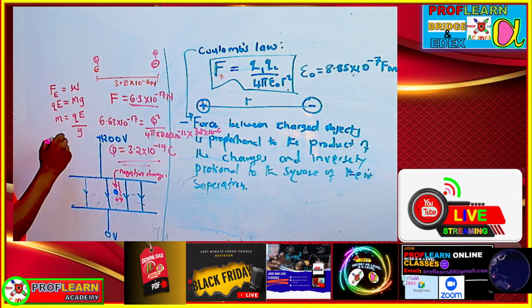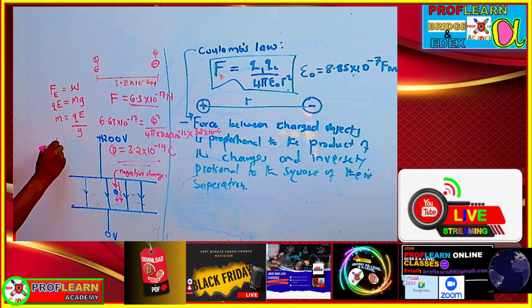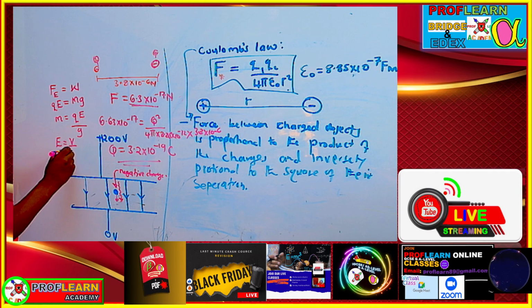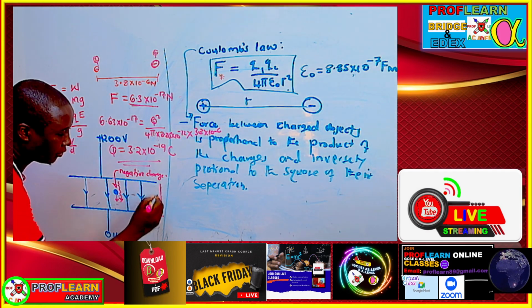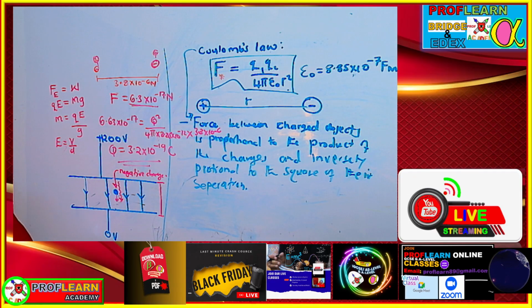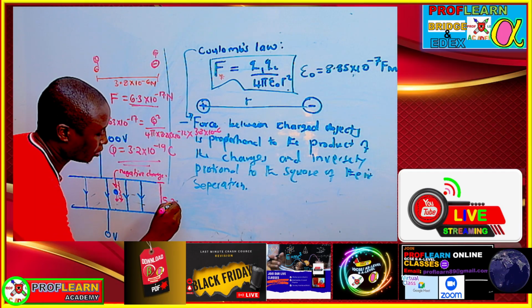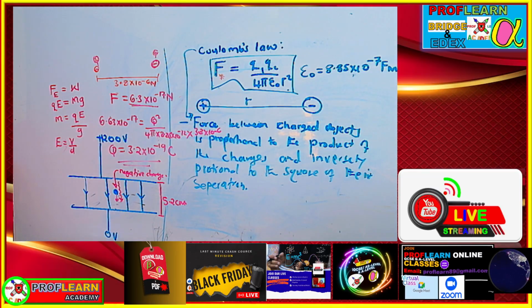We can work out E, the electric field between the plates, which is the potential difference over the distance of separation, and the distance of separation of these two plates was given as 5.2 centimeters.